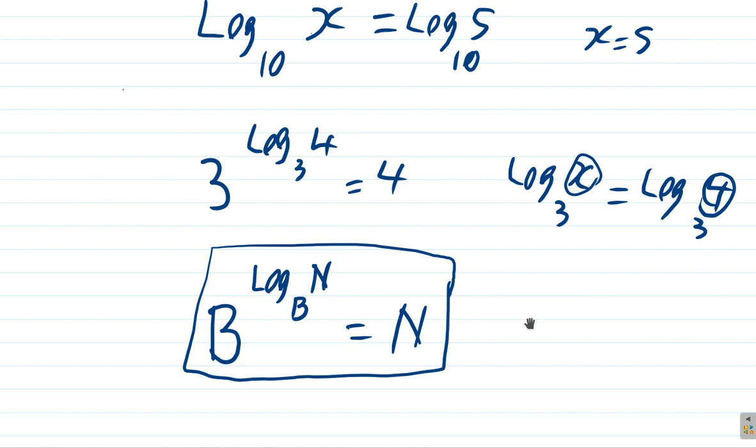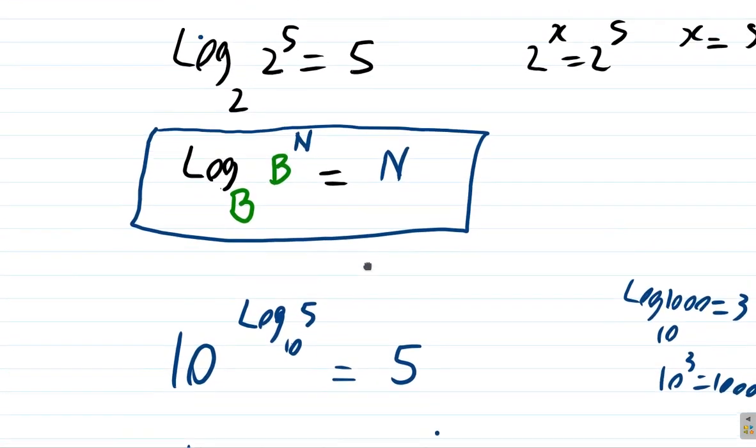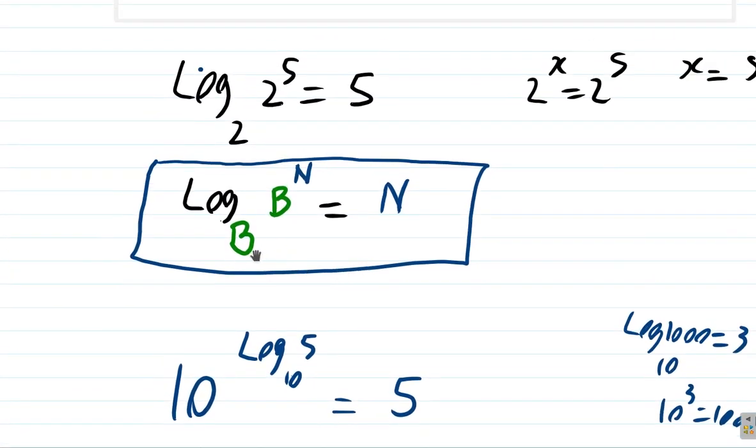But those are what they call the inverse operation. You're finding the log with base b and you're raising base b to the power. Those are inverse, just like when you find the square root of a number that was squared, you get the number.